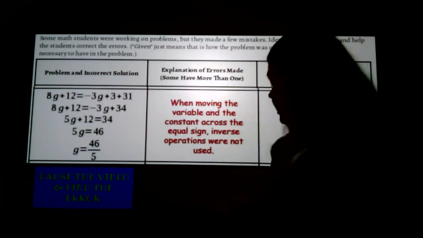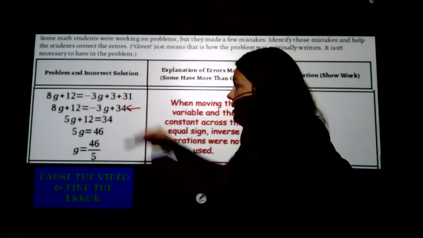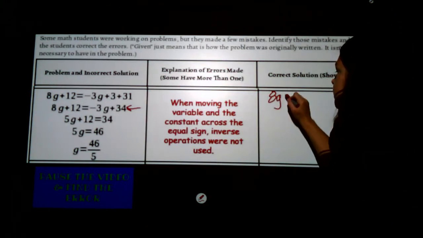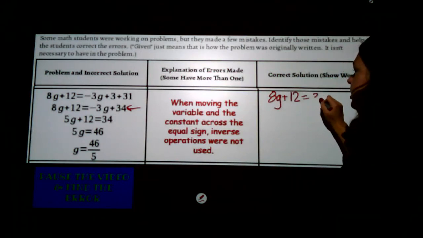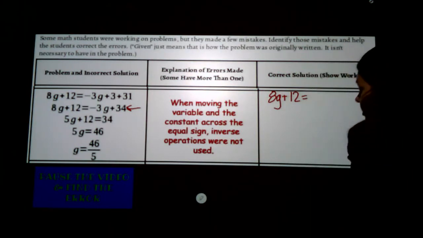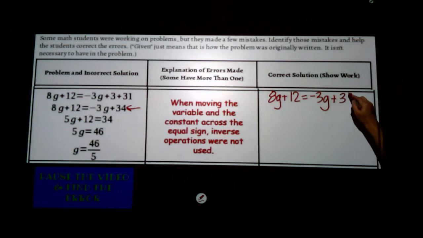So let's fix it. Now we don't have to go all the way back because their first step was right. We're going to pick up right there. So I'm going to write 8g plus 12 equals, oops, lost the negative, negative 3g plus 34.